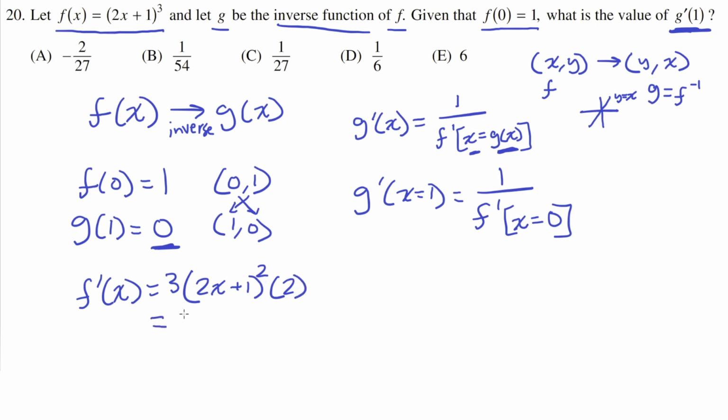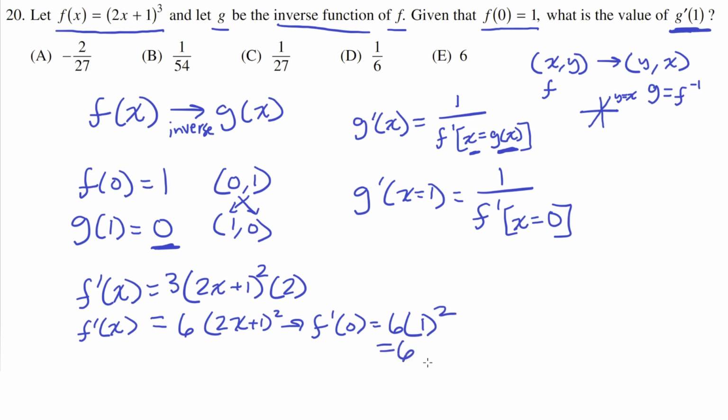So that means our derivative is equal to 6 times (2x plus 1) squared. So this is our function f prime of x, and we want to find the value of f prime at 0. So f prime at 0 is equal to 6 times, 2 times 0 is just 0, so inside we're just left with 1 squared, which is just equal to 1.